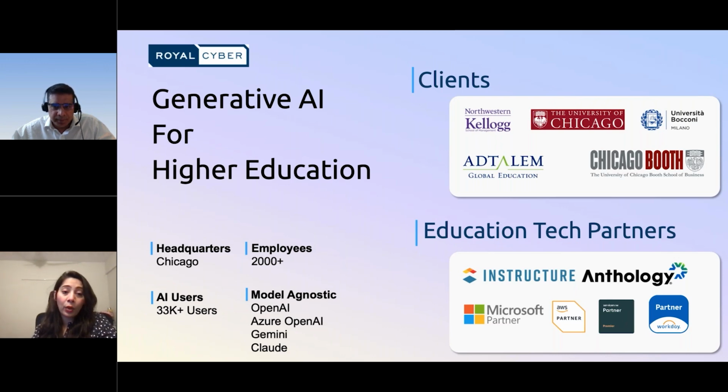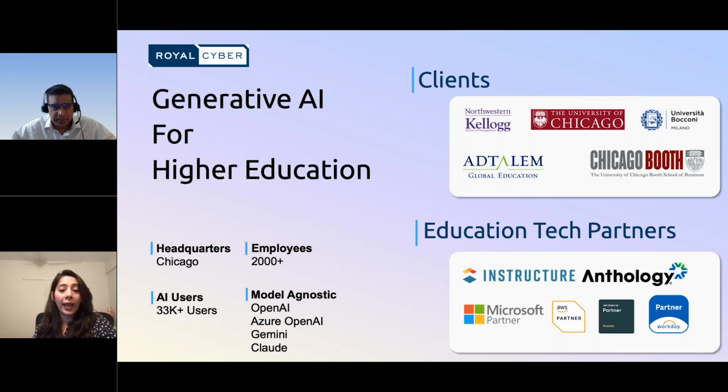Our ecosystem: we work with leading universities and tech partners to seamlessly integrate AI into existing platforms like Canvas and Blackboard. Our focus is on practical AI adoption, helping institutions cut costs, reduce administrative burden, and improve student outcomes. We're not just another AI vendor. We're building a future-proof, scalable AI ecosystem that puts universities in control.